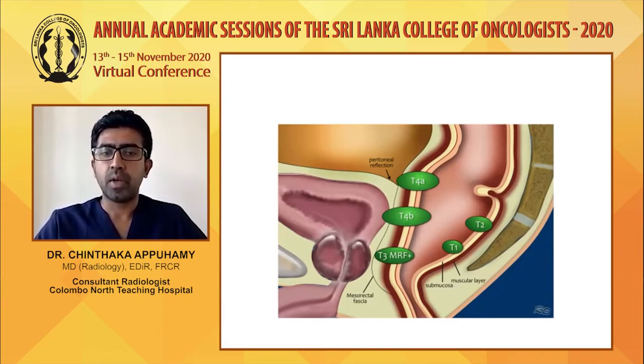Anything beyond that, we stage as T3. I will go into details about that. Lastly, T4 disease. T4A illustrates the infiltration of the peritoneal reflection, whereas T4B shows the infiltration into the pelvic structures.